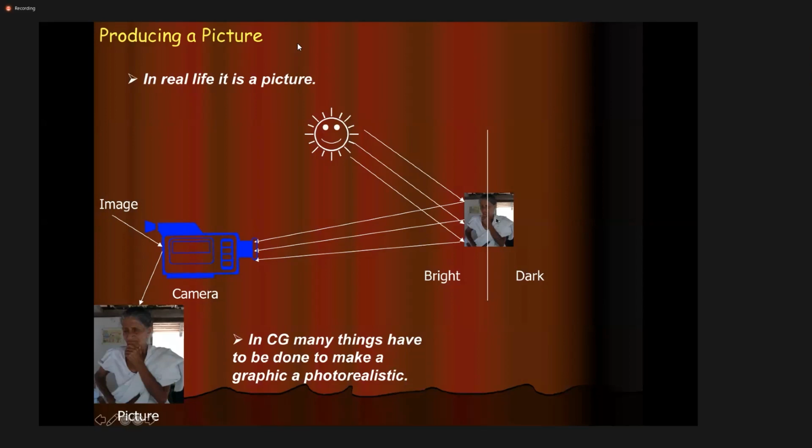The reflected rays are generated by this person, and incident rays are generated by some kind of light source, and these reflected rays are captured by this camera, and those are coming to the screen. That's what we see.